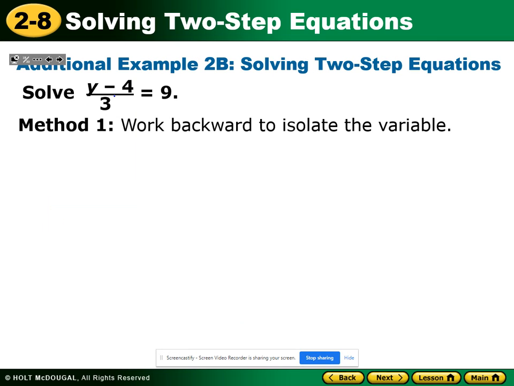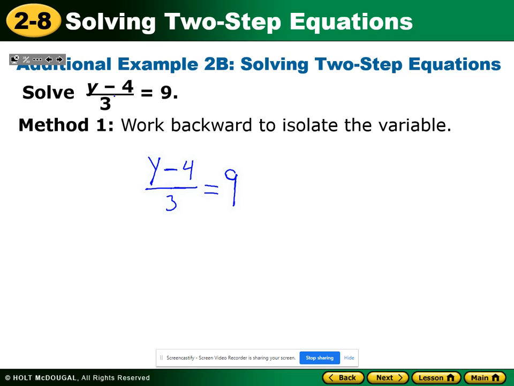Now, this one becomes a pain in the bottom. We must understand what it's saying. Looking at this one, we can't just rely on working backwards because it says first we have to subtract, then we have to divide by 3.